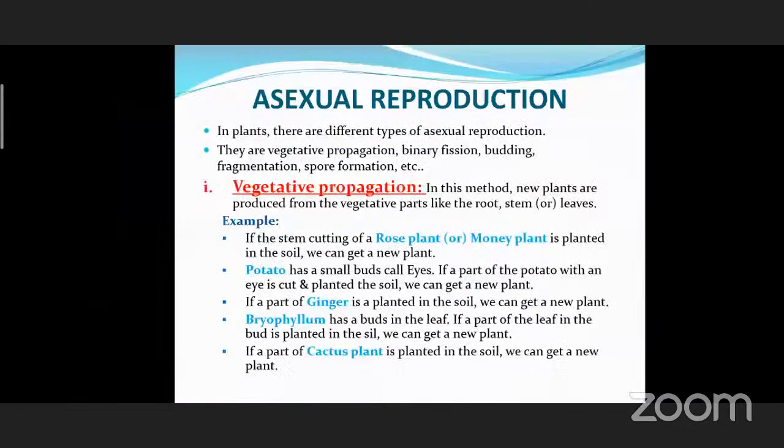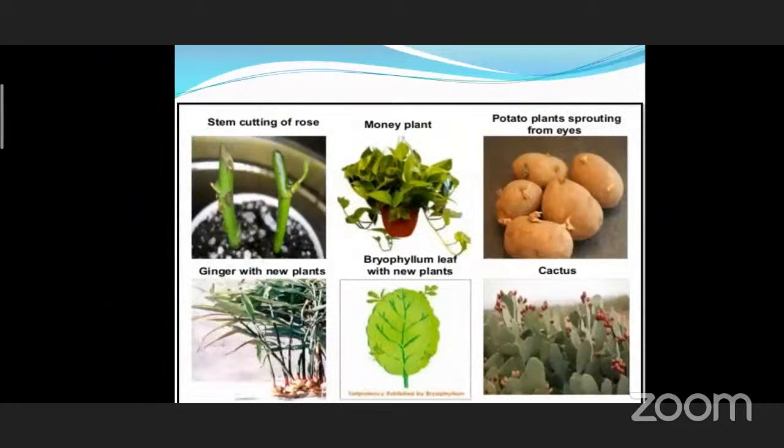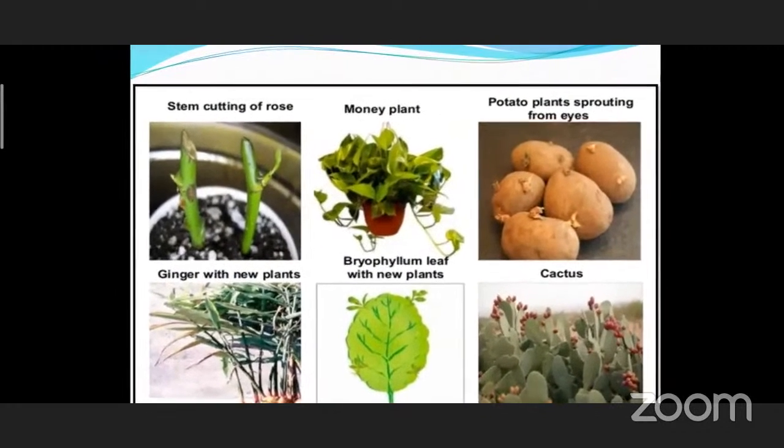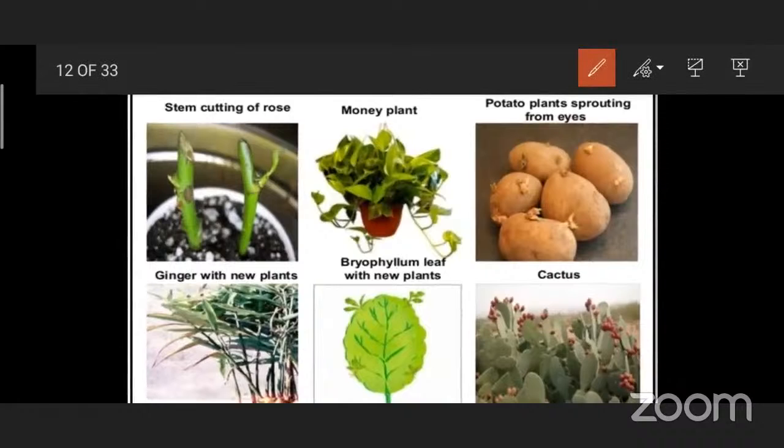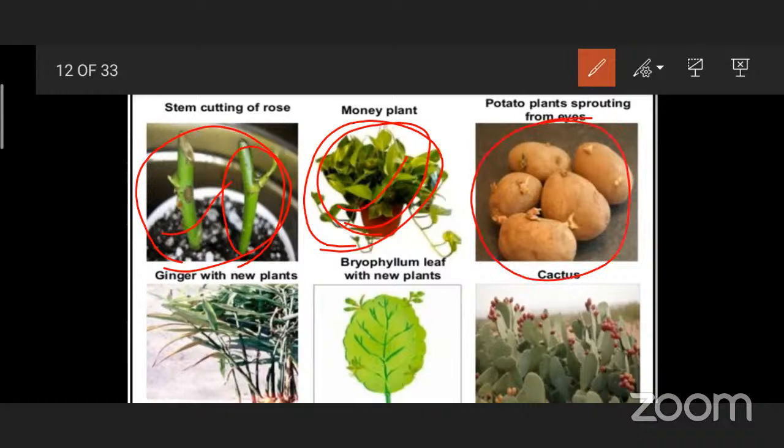See the examples of vegetative propagation. So first example, rose and money plant. If a stem cutting of a rose plant or money plant is planted into the soil, we can get a new plant.